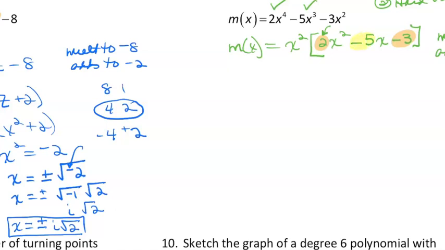Okay, that came from here. Notice I'm taking the signs with them. To multiply to a 6, the only way I'm going to do that is 6 and 1 or 3 and 2. It has to multiply to a negative 6, so one's going to be negative and one's going to be positive.